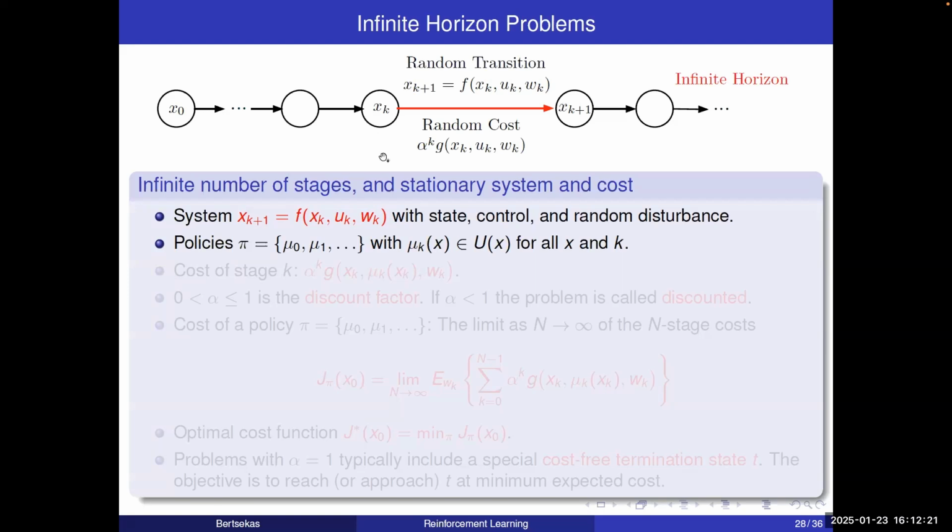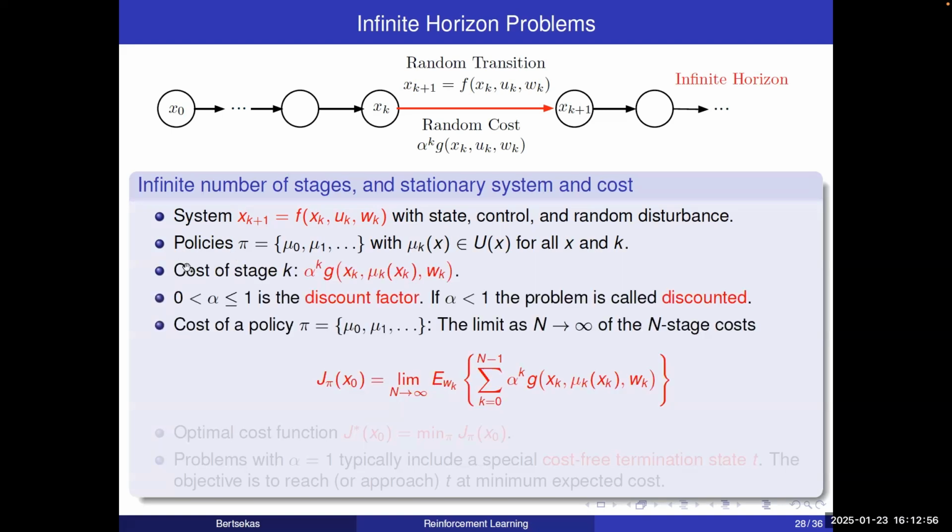So that's why when we consider an infinite horizon problem, we refer to the case where the system dynamics is stationary, does not depend on stages. And similarly to the finite horizon problems, a policy is a sequence of functions where each function satisfies control constraints for all x and k, except that now the sequence of functions is infinite in length, because for each stage we need to have a function to decide.